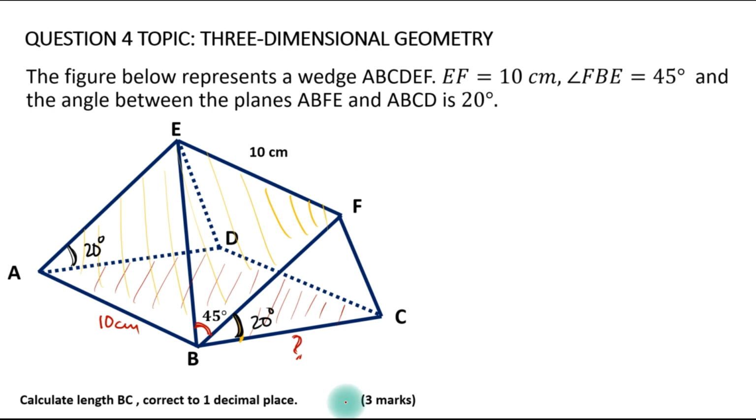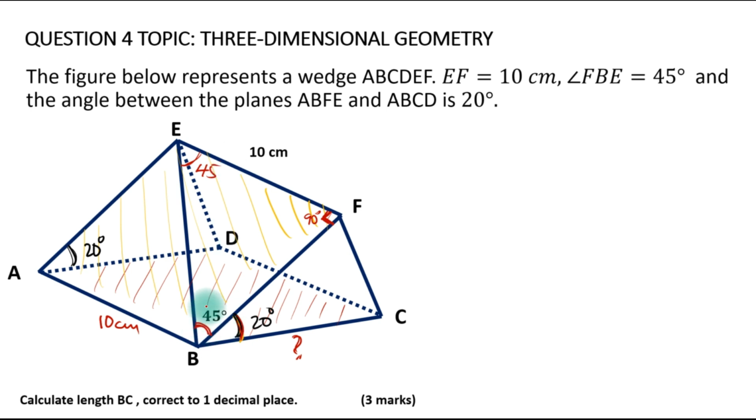The other important information is that at F, if you look at plane ABFE, at this point it is perpendicular, 90 degrees. And if it is 90 degrees, then you can be able to find even this part. So BF, this angle is also 45.